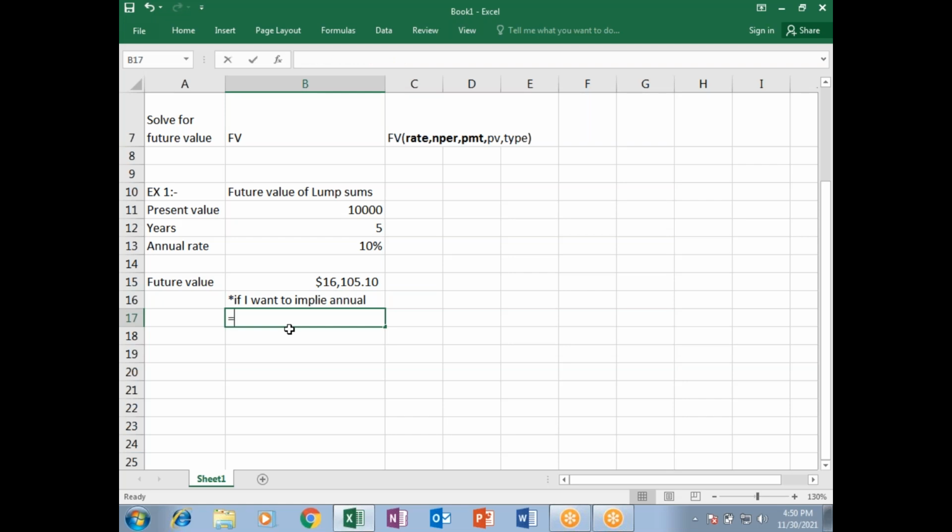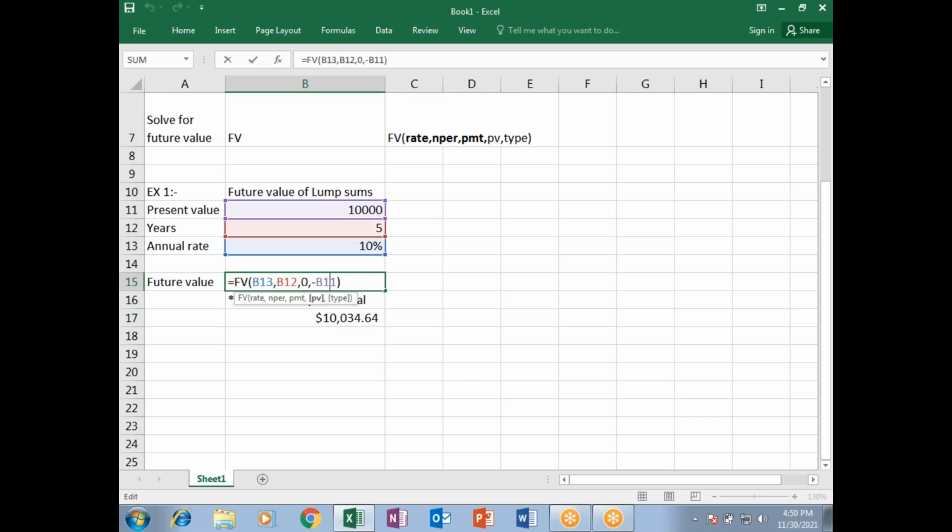So what I do: equals FV, rate divided by 12 months, comma, Nper 5 divided by 12, comma, then 0, then your present value. So this is how you need to divide it for the yearly. This is the future value if I directly specify it. But if I want to specify it annually as 12 months, that time you will give 12. So I should multiply by 12.